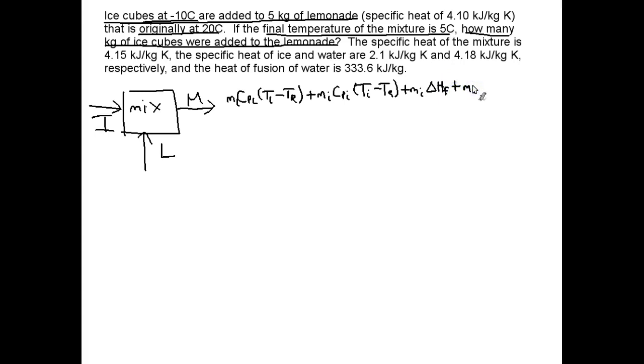It didn't change mass, it just melted. You have the CP of water now, because you're dealing with a water term, and now you are going up to the temperature of your mixture. So I'm going to write this as Tm minus your reference temperature. And that takes care of the inside. So when you have a phase change, you need to account for the phase change and then any subsequent heating after your phase change. Now that we have done the inside, we can take a look at our outs.